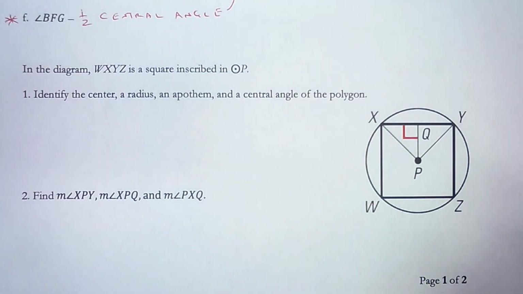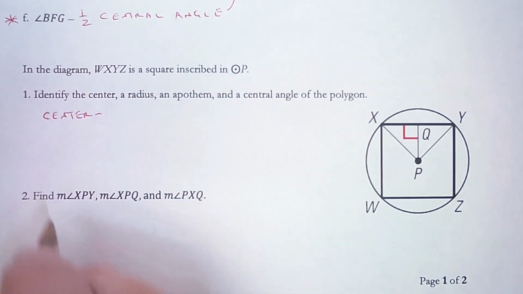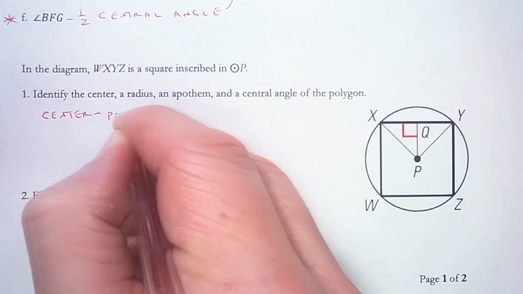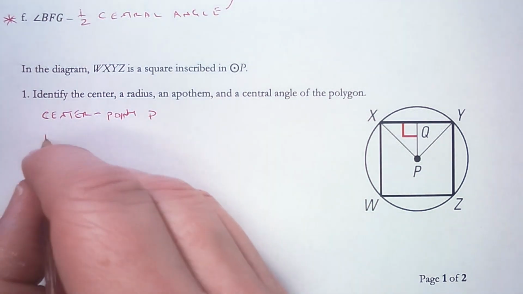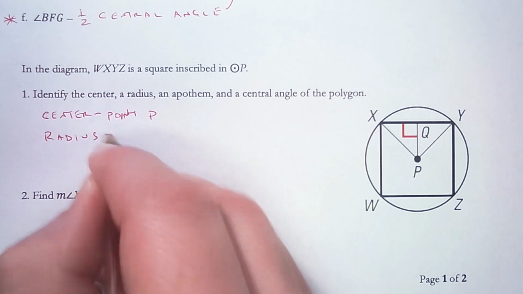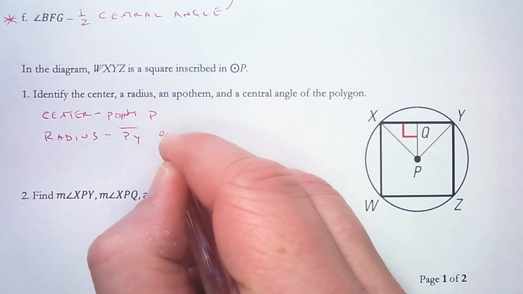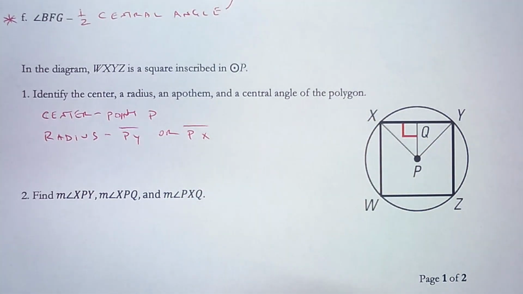In the diagram, WXYZ is a square, which is a type of regular polygon, inscribed in circle P. Identify the center. The center is point P. A radius. I could use PY as a radius, or I could use PX as a radius.